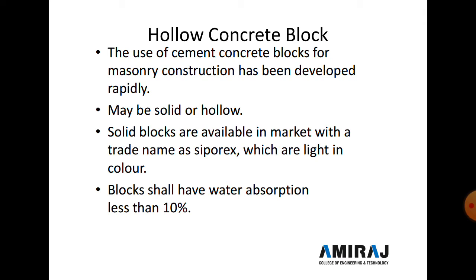The cement concrete block may be solid or hollow. Solid blocks are available in the market under the trade name Siporex, which are light in color, generally gray, and also light in weight, and the block shall have water absorption of less than 10%.